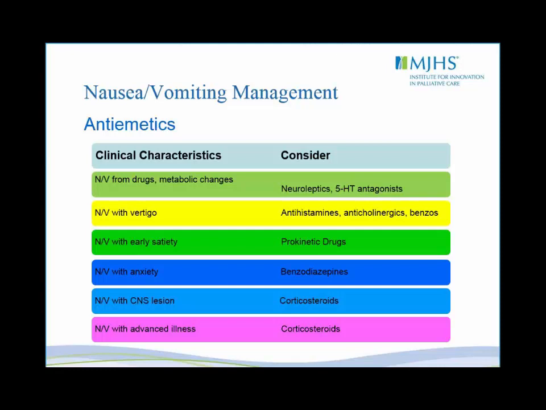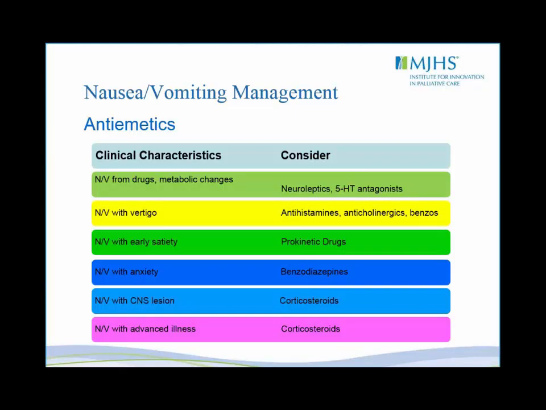So again, prokinetic drugs would be the ones that make the most sense to start. Be careful, though, with early satiety. That can also be an indication that you have an obstruction, either at the gastric outlet or in the duodenum and the bowel, and so you don't want a prokinetic drug at that point in time. This is why I'm saying that the assessment is so important, because there's contraindication of giving certain drugs in certain situations.